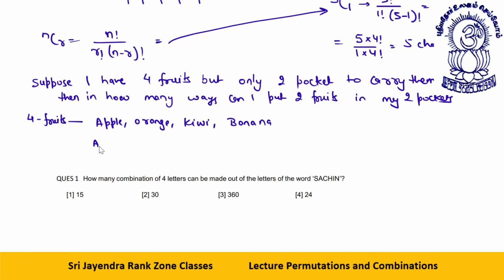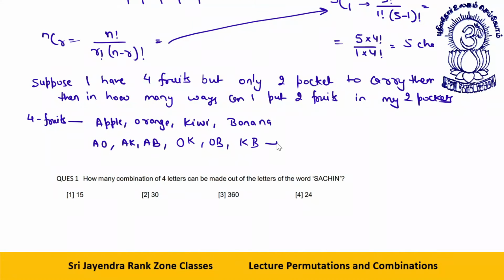First suppose I pick A, then I can take AO, AK, or AB. Now all the possible options with apple have been consumed. Now let's come to orange. With O, I can take a kiwi, or with O, I can take a banana. And finally, with kiwi, I have only one choice, banana. Why? Because kiwi has been included with all the others.